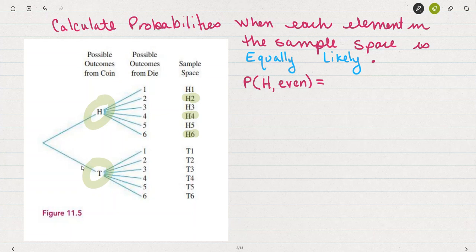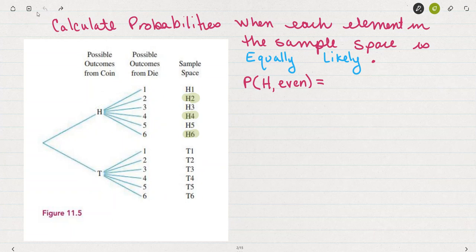And then the second event is that we roll a six-sided die and get 1, 2, 3, 4, 5, or 6. When I say that each item is equally likely, we're saying that getting a tail and then a 1 is one element here in the sample space, and that's equally likely to getting a tail and then a 6, and so on. So everything in our sample space is equally likely.